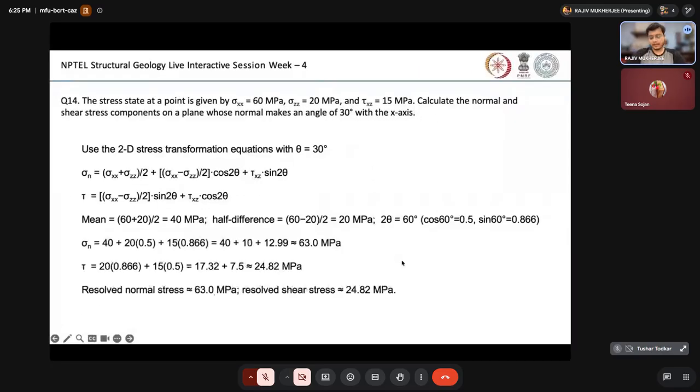Right? So I think you should take a screenshot of this formula, it will help you to actually use it. It's an extended formula of what we generally calculate for stress on a surface, with an addition of a shear stress component.